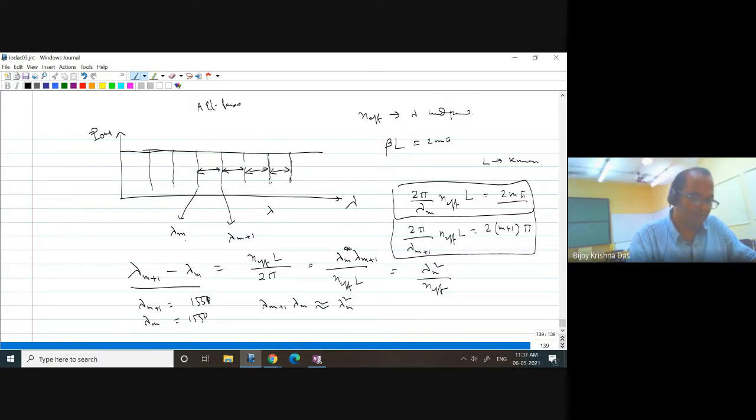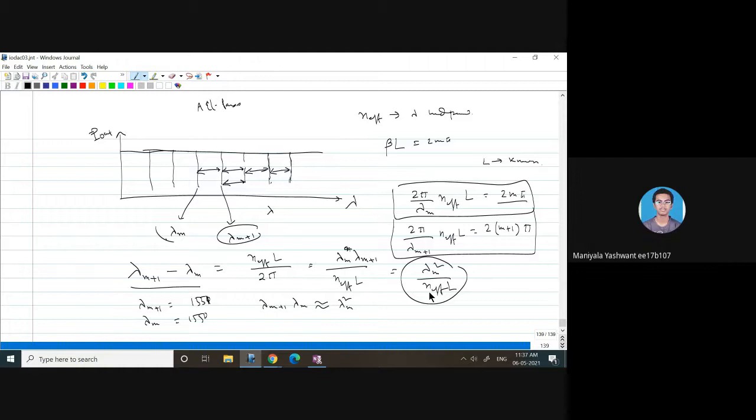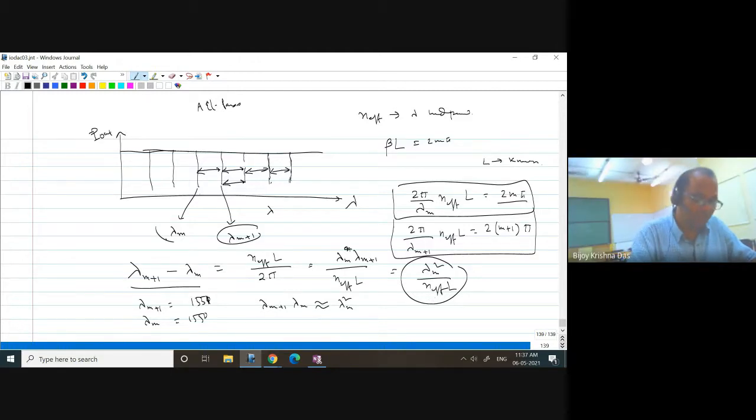So I found that lambda m plus 1 minus lambda m is something like this expression, lambda square by n effective L. Now if I go from this to this, will that be similar? The value will be the same? No, sir. It is lambda dependent. As you go away from this one, it changes, so their separation is lambda dependent. Clear?